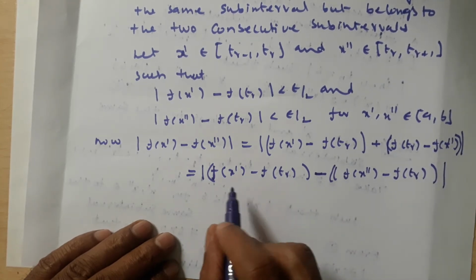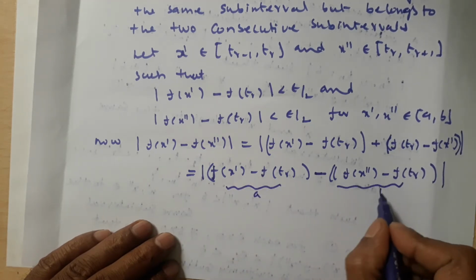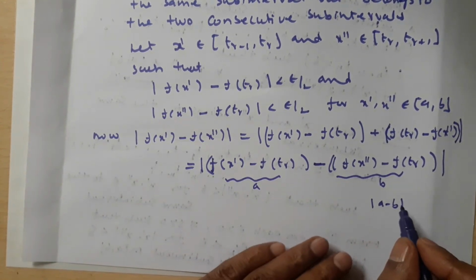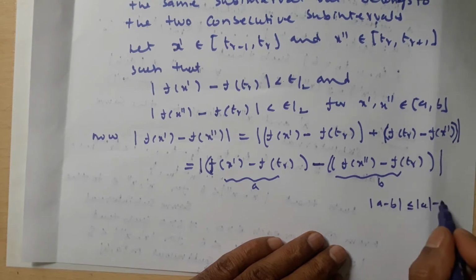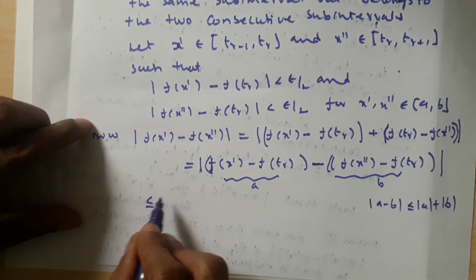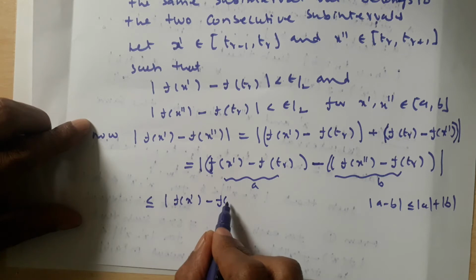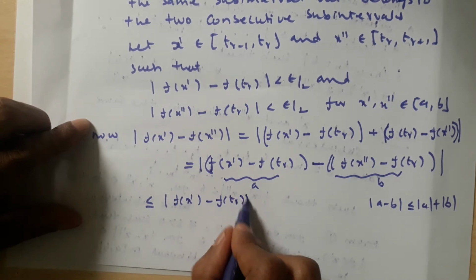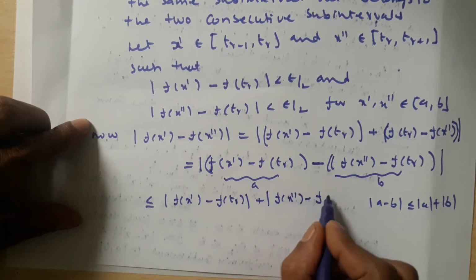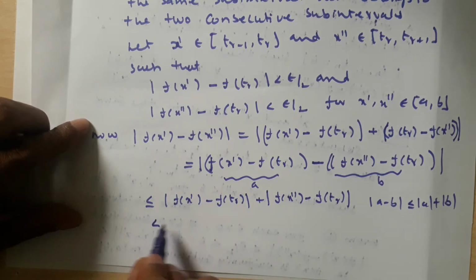It is the modulus of a minus b. This part is a and this part is b. So |a - b| is less than or equal to |a| + |b|. Even here also, it is less than or equal to |f(x') - f(t_r)| + |f(x'') - f(t_r)|. So this value is less than epsilon/2.